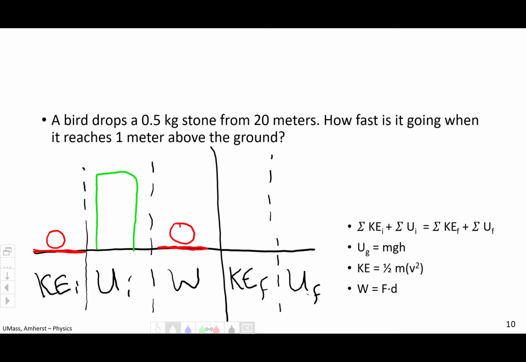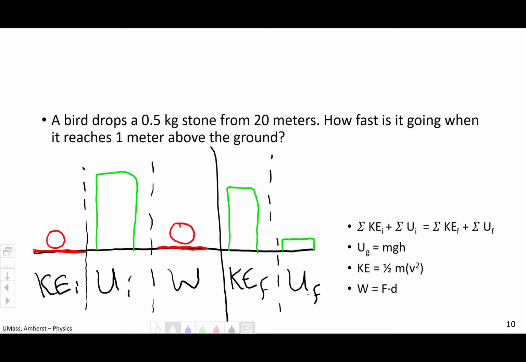Kinetic energy final right now is a question mark, but we do know that we end up with a stone that's 1 meter above the ground, giving it much less potential energy than it started with. So if we end up with much less potential energy than we started, that means we must, by conservation of energy, have some final kinetic energy.